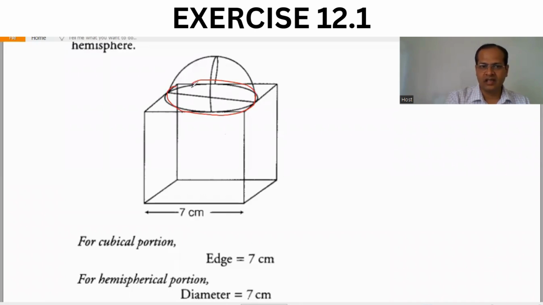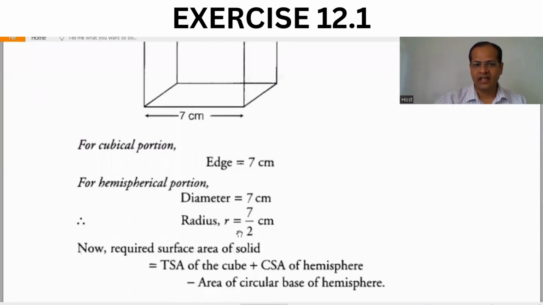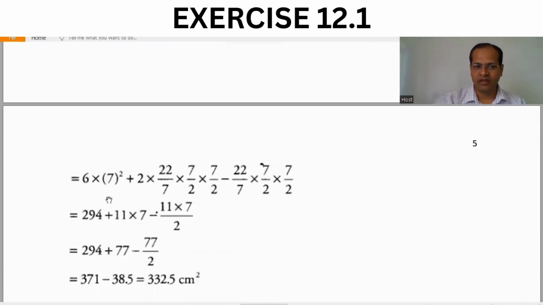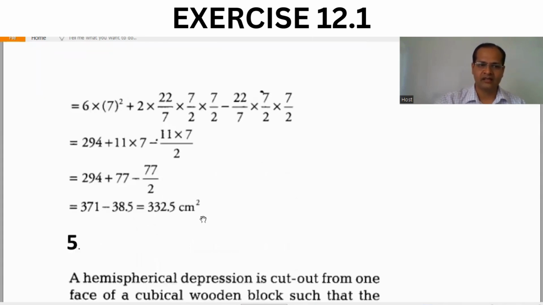This is the bottom of the hemisphere which is touched with the cube, so we can't see it. So we have to subtract the area of the circular base. So 2 pi R square minus pi R square. So 6 into edge square plus 2 pi R square minus pi R square. We have to substitute the values and get the answer.